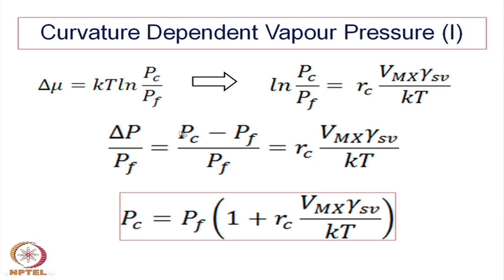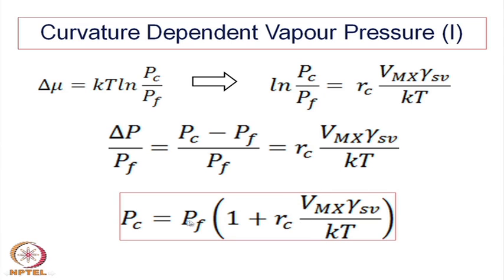This has come because the difference is very small, so it can be approximated like this. Then from this equation Pc becomes equal to Pf times 1 plus this expression.